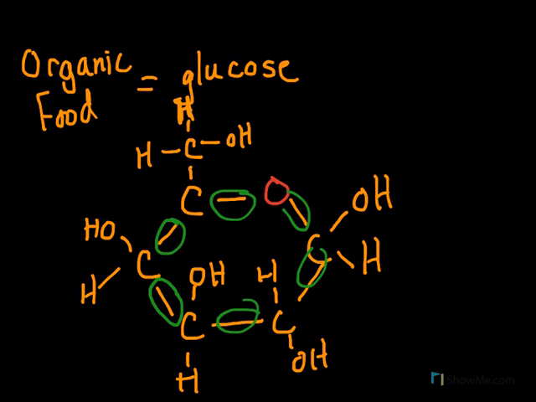So when glucose is made in photosynthesis, we learned that the other day, that the energy from the sun is actually converted into a chemical energy, and that chemical energy is stored in these bonds between the atoms. So this is a bond, and that's where the energy is.